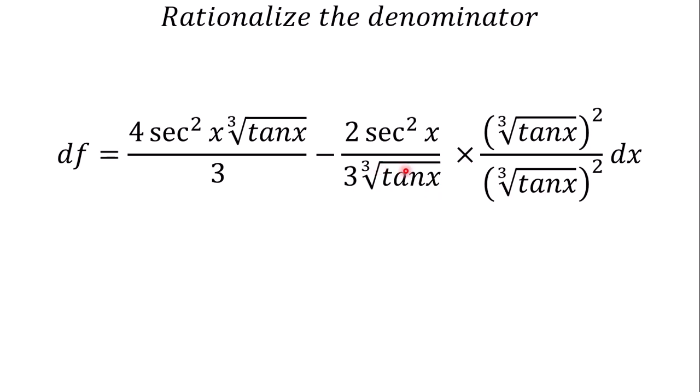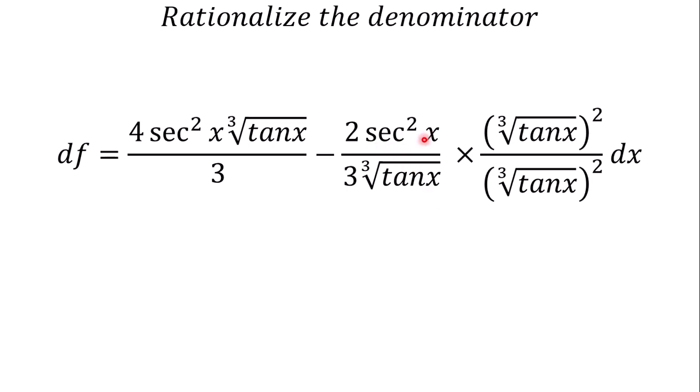So we have 1 here, and here we have 2. So 2 plus the power here, which is 1, gives us 3, or 1 over 3 plus 2 over 3 will give us 3 over 3, right? Good.